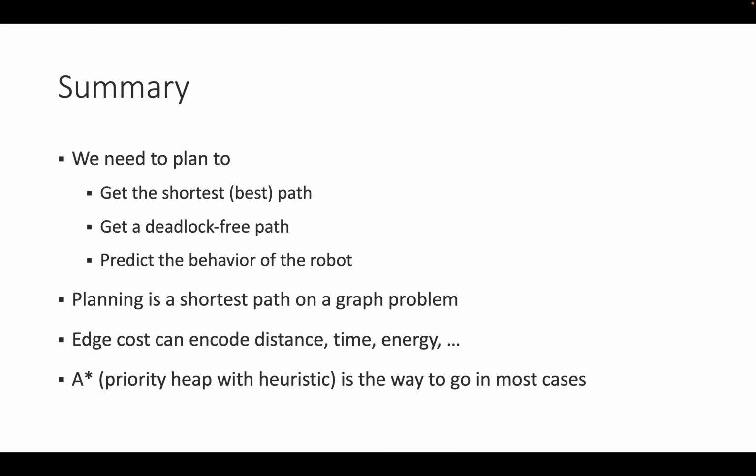And here you probably want to use the A star algorithm, which is a priority heap with a heuristic. This is usually the simplest and best way to do that. Edge costs can be anything, not just distance, but time, energy, or even the number of turns or the accelerations that you need to use so you can get a smooth ride. And with that, I will let you implement this in VBots.